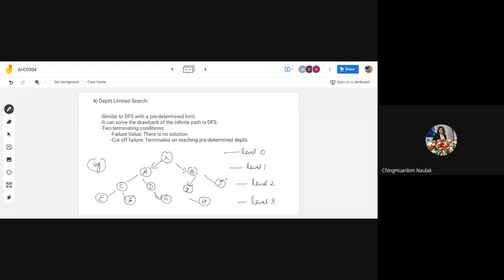J is the goal node. You are given the goal node, and a predetermined depth. The predetermined depth is 2, which means that you're going to explore to depth number 2.